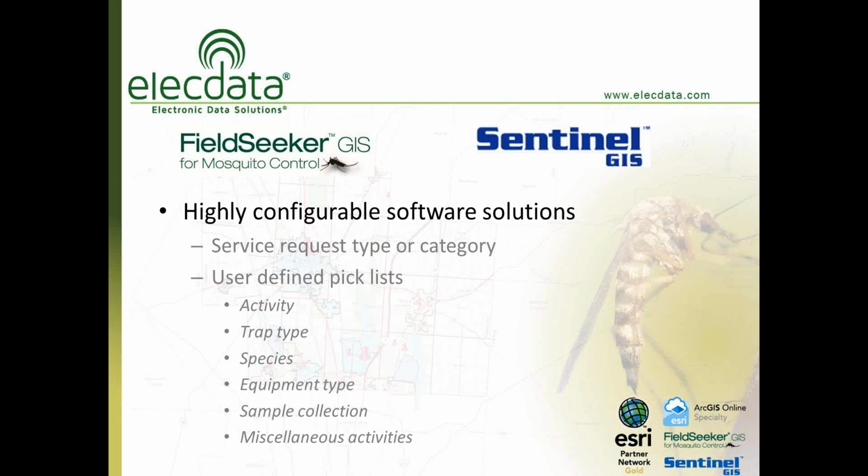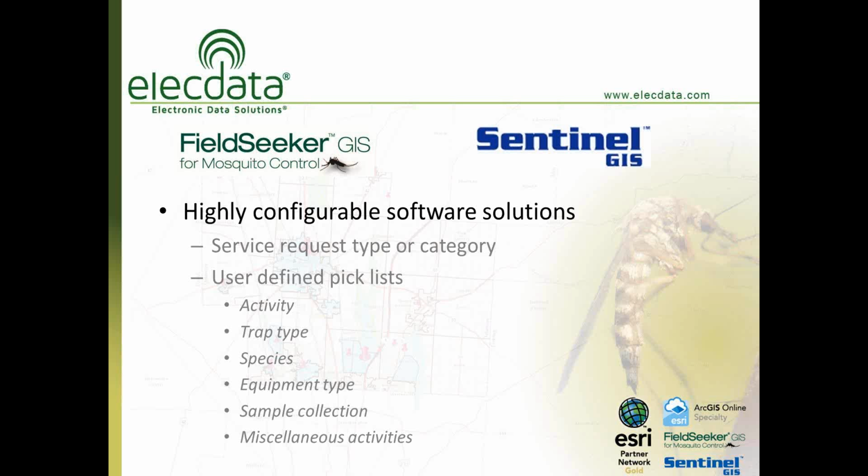FieldSeeker GIS and Sentinel GIS are both very highly configurable software solutions. This includes a service request type or category that we'll be working on or demonstrating in both Sentinel GIS and FieldSeeker GIS. These will be user-defined pick lists as well.